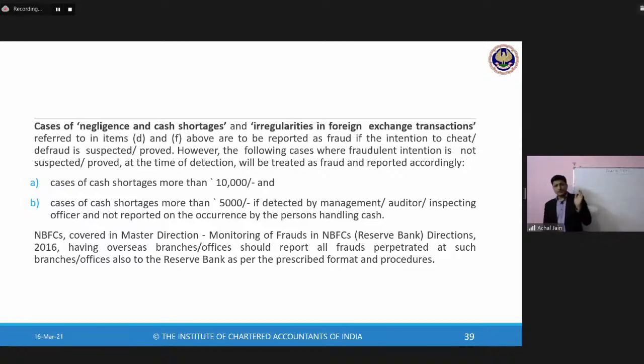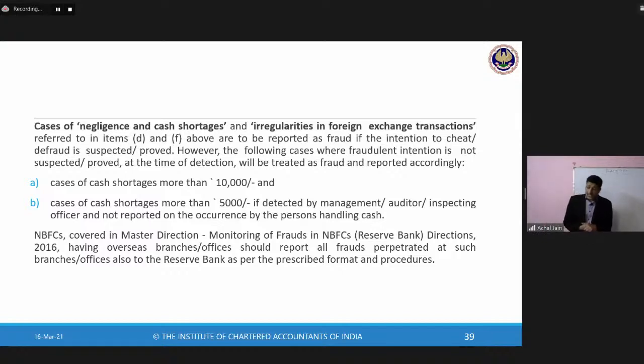All the frauds. These are all the reporting requirements in relation to frauds. You just need to look through these categories. You don't need to get into too much technicality or detail around all of these frauds or how the reporting mechanism will work. Only the categorization between these two.